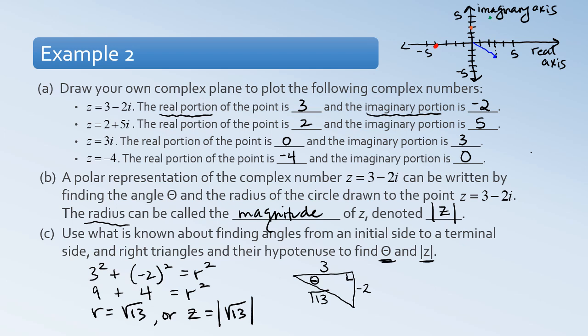So I will use tangent and say that the tangent of theta is equal to the side opposite of theta, which is negative 2, divided by the side adjacent. So in my calculator, I'm going to put tangent inverse of negative 2/3. And depending on whether you are in radians or degrees, I am in radians, my answer comes out.